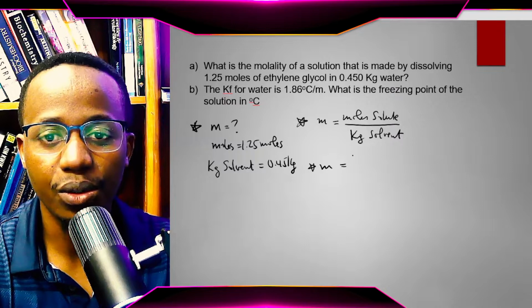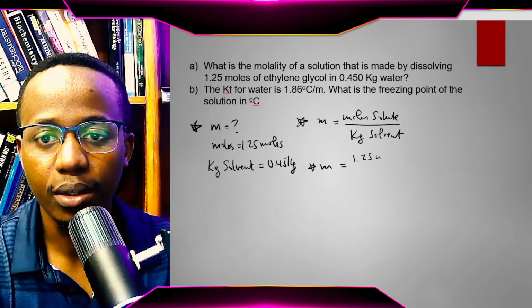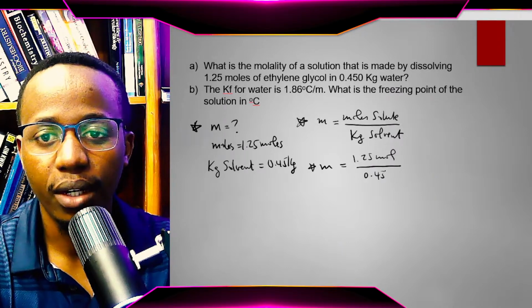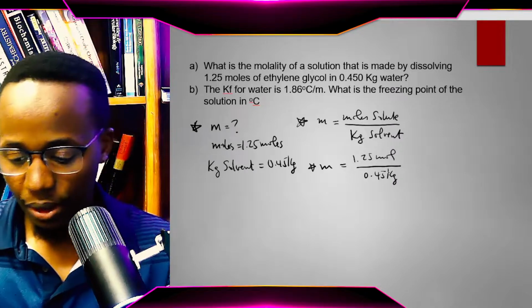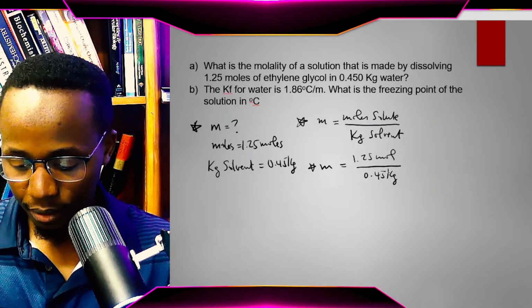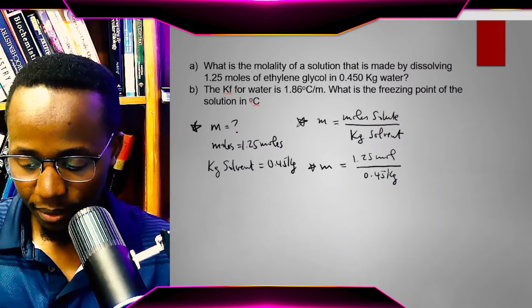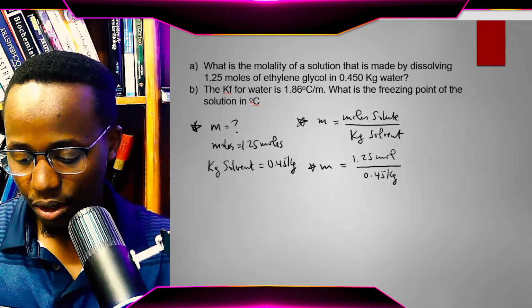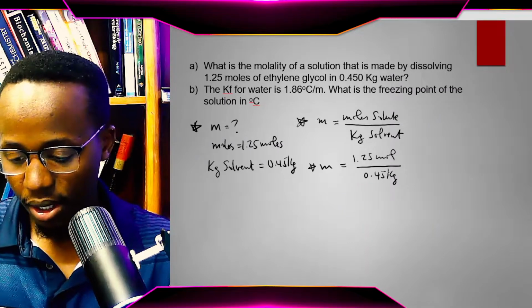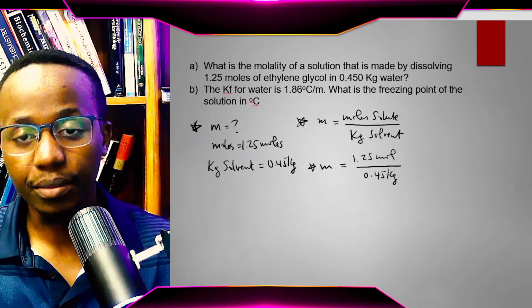We have the moles of solute, 1.25 moles, over the kilograms of solvent, which is 0.45 kg. All right, what do we get? 1.25 over 0.45 is equal to 2.78.